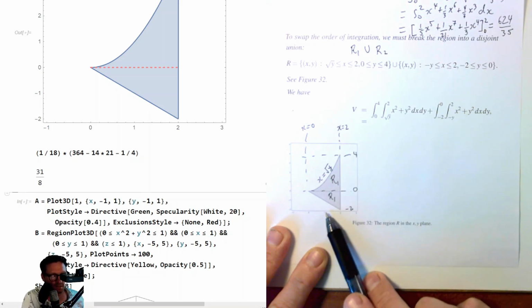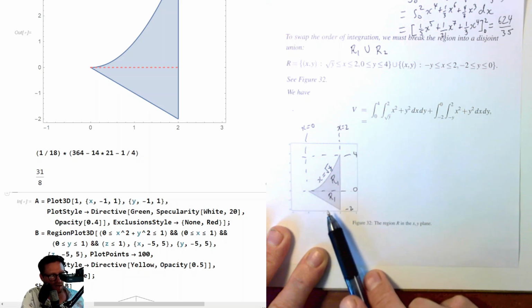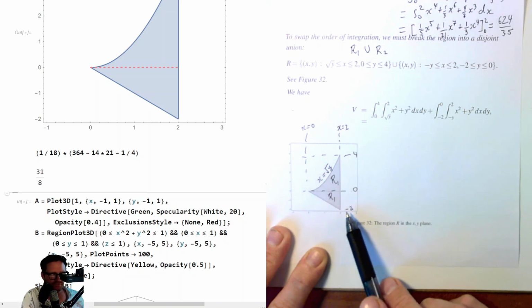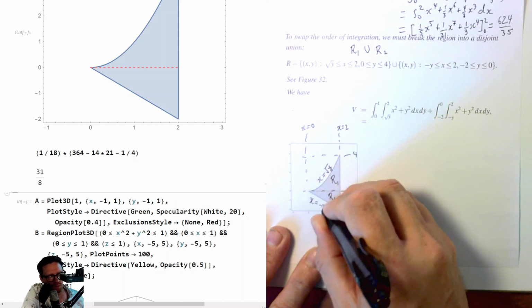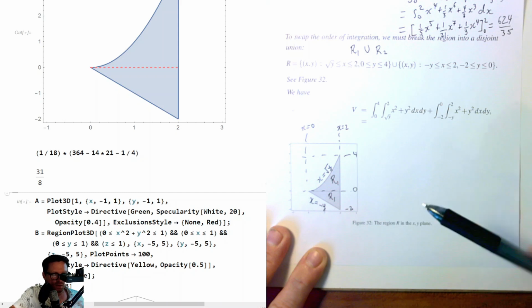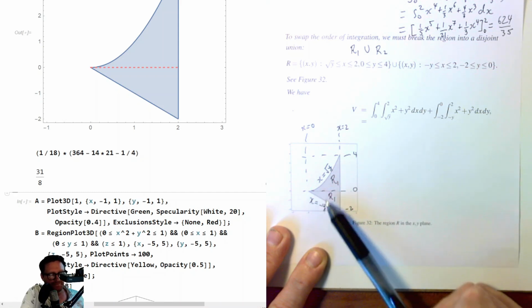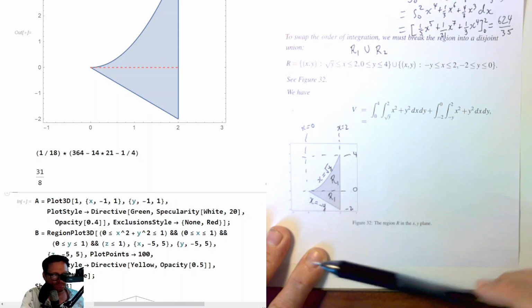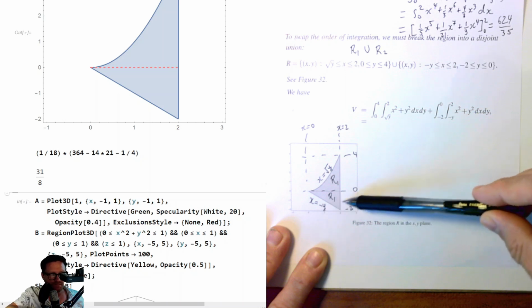Now here, this line is the line x equals minus y, or y equals minus x. So let's put x equals minus y, and so x is to the right of minus y in this region down here. y is still between -2 and 0 in this region.